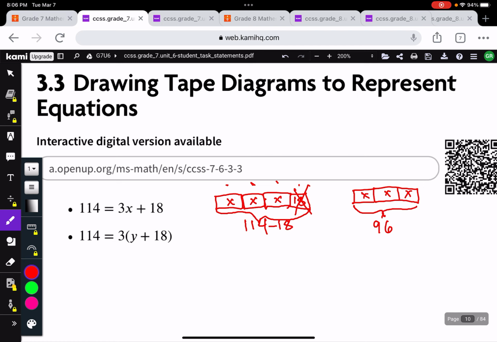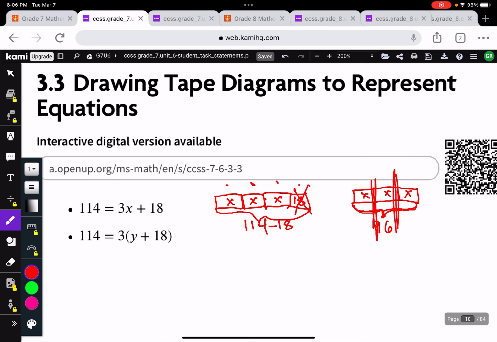So I got rid of the 18. Essential first step. In fact, we're going to practice this a lot. It's essential. So I got rid of the 18, and I got rid of 18 from the 114, which means there's 96 left to equal 3x. Well, if 3 x's equal 96, I want to cut that 96 into thirds.